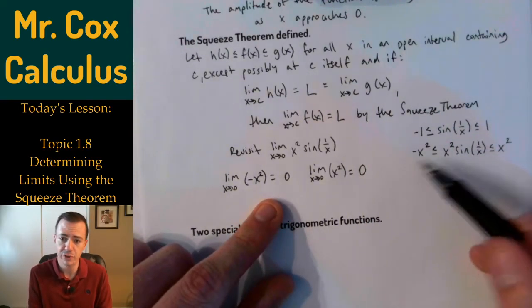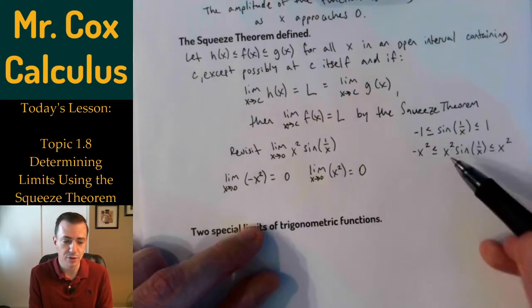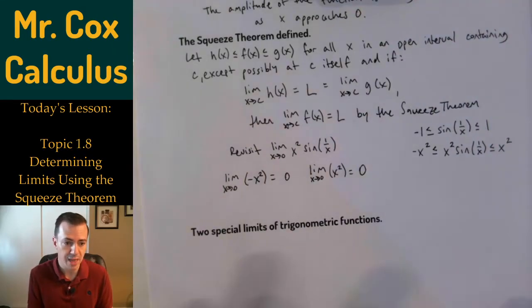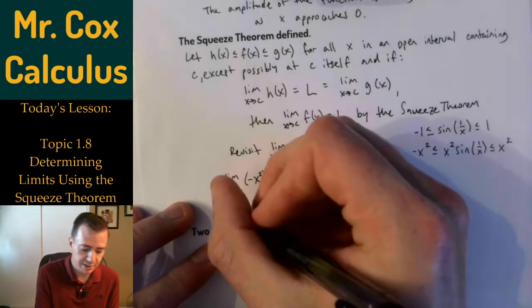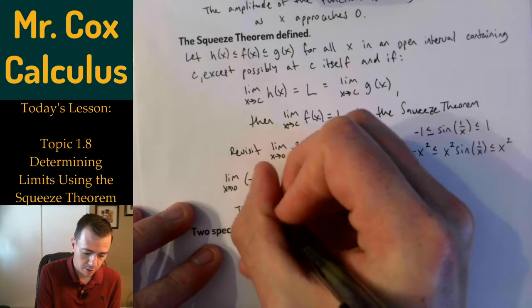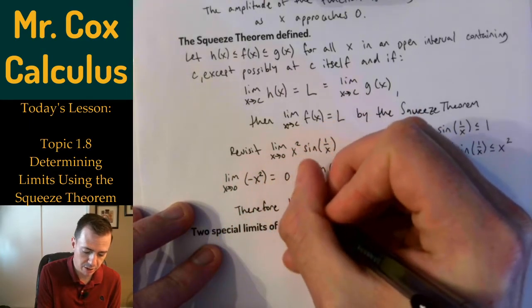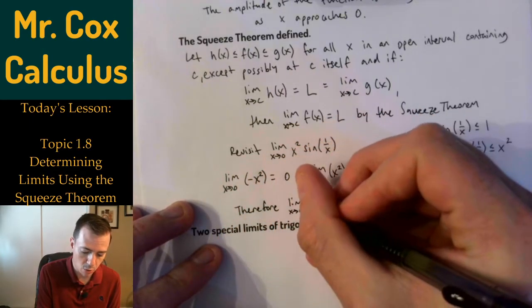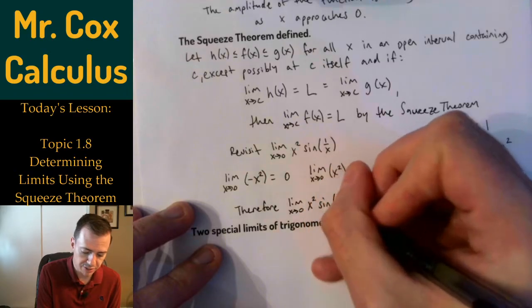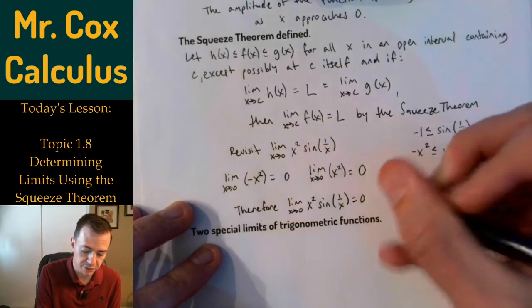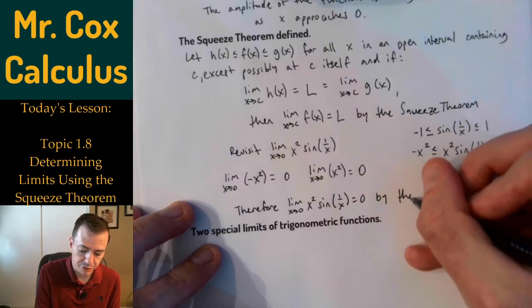So if the two functions that this inner function is bound by are both headed to 0, then I can say, therefore, the limit as x approaches 0 of x squared times the sine of 1 over x is equal to 0 by the squeeze theorem.